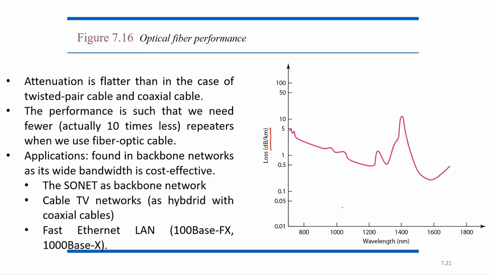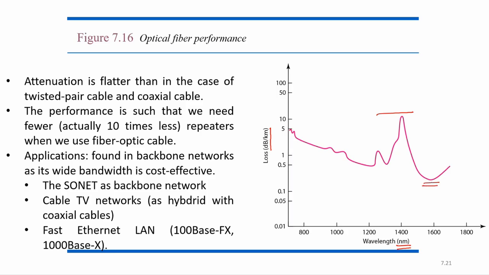That loss is given with respect to different wavelengths. What is the wavelength of light? Because here frequency is not given, it will be in terms of wavelength. Because it is light, its wavelength will be defined. So for different wavelengths, loss is given. The maximum loss ranges up to 10 dB per kilometer, and the minimum is very less.